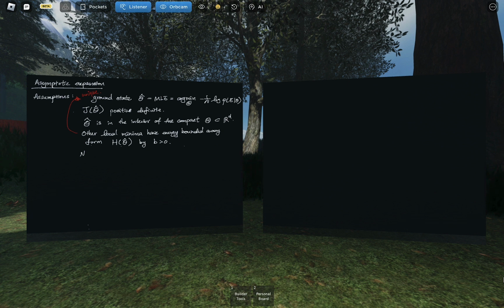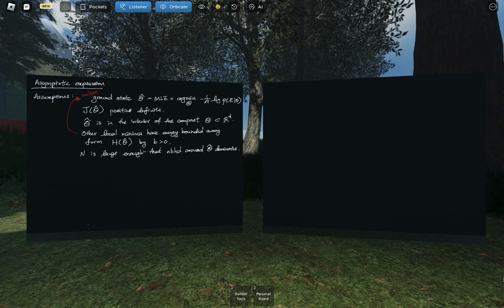And finally, n is large enough that the neighborhood around theta hat dominates.